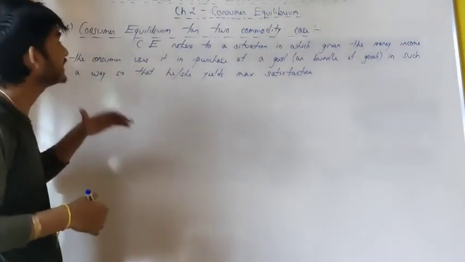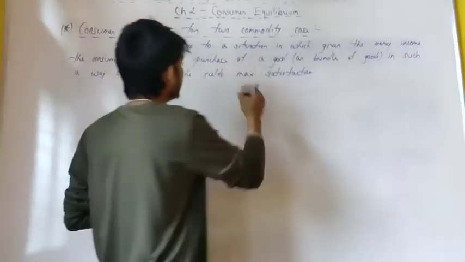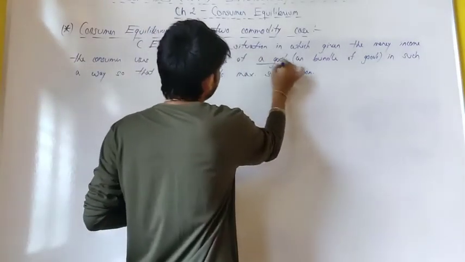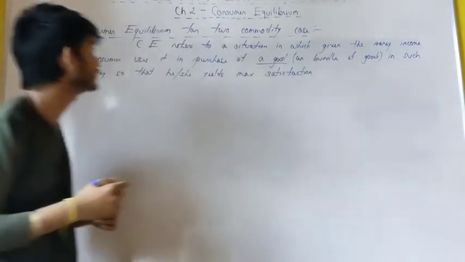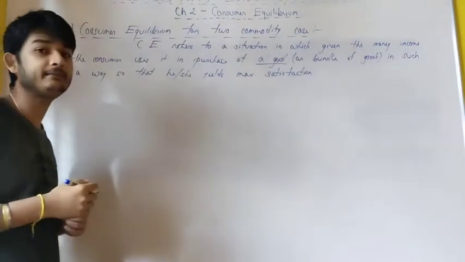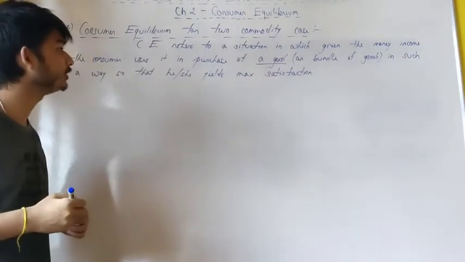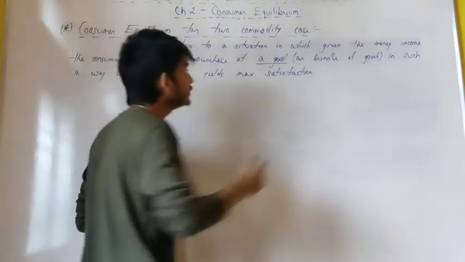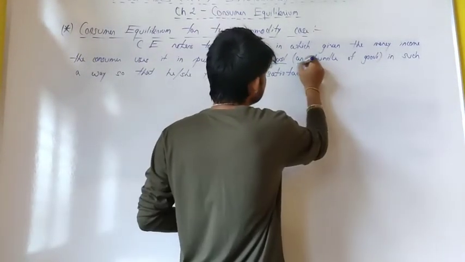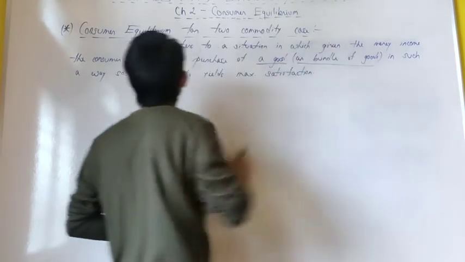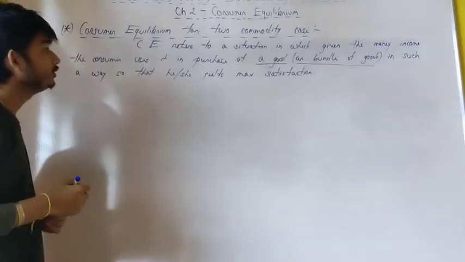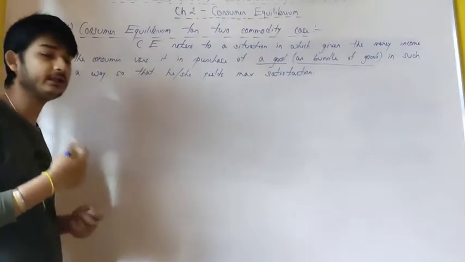Well, in our last class we concentrated on purchase of a good, that means consumer equilibrium for a single commodity case. Today we will be talking about what happens when the consumer consumes not one good, but more than one good.